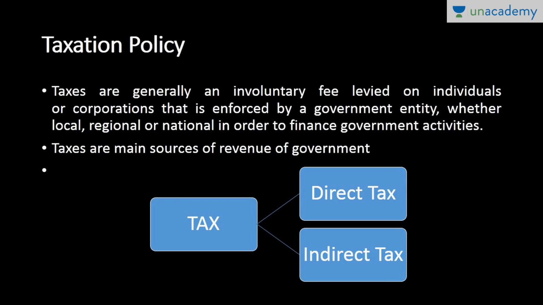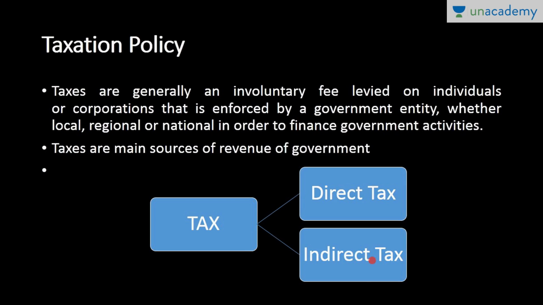Another basic difference between direct tax and indirect tax is that direct tax is progressive in nature and indirect tax is non-progressive in nature. It means that whenever there is a rise in the income, the magnitude of tax will increase in case of direct tax. If you are earning higher income, then the tax paid by you will be more.